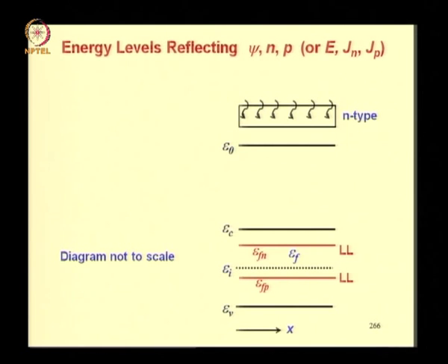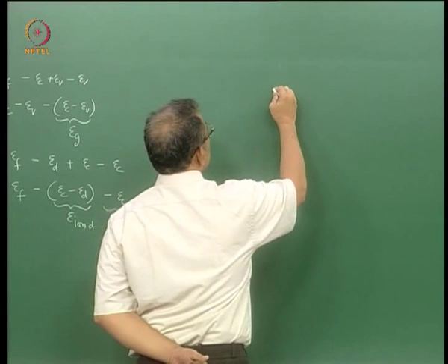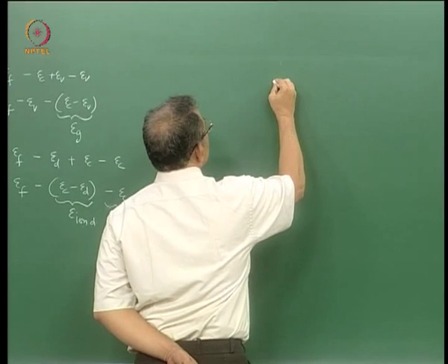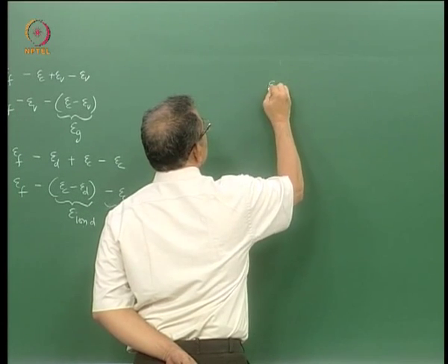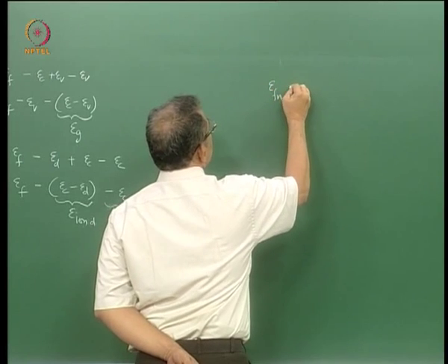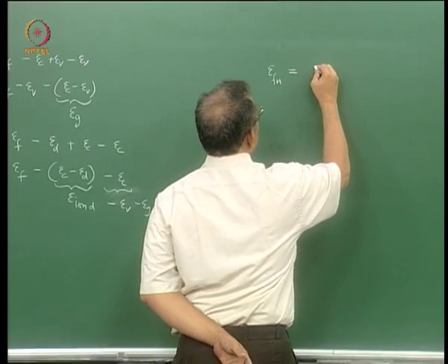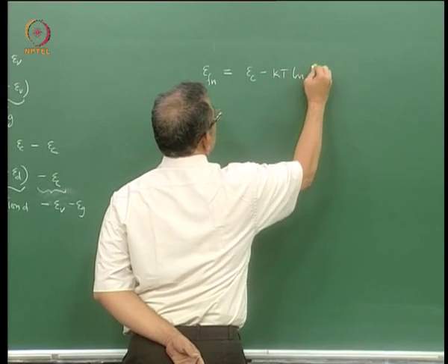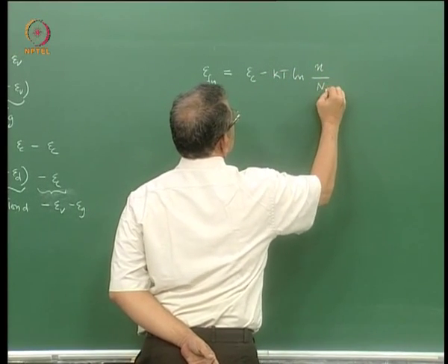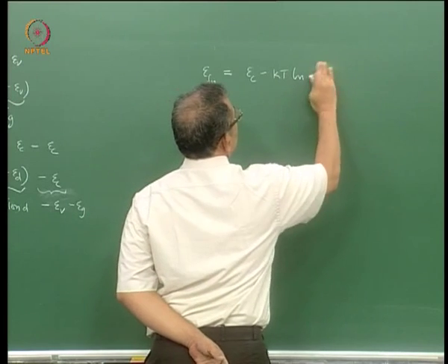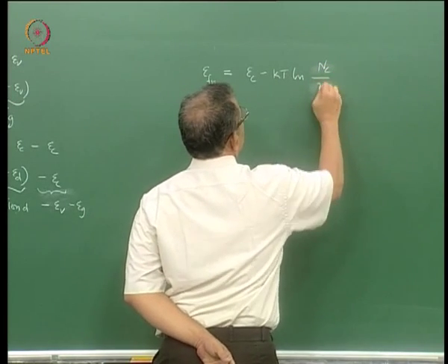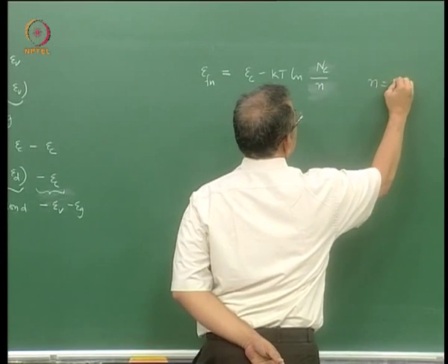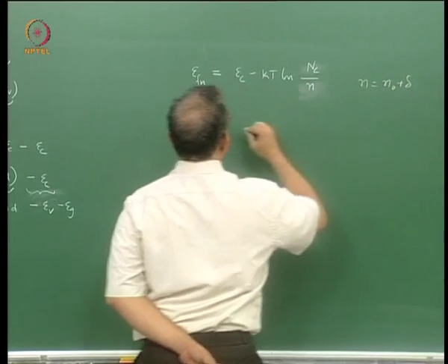So using the concept of quasi Fermi level, EFN is equal to EC minus KT ln NC upon N, and N is equal to N naught plus delta.